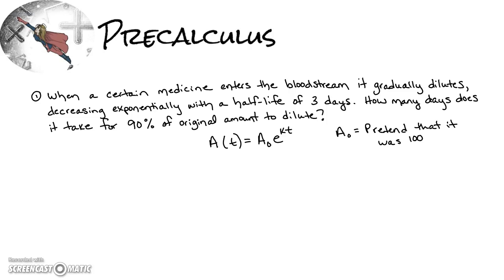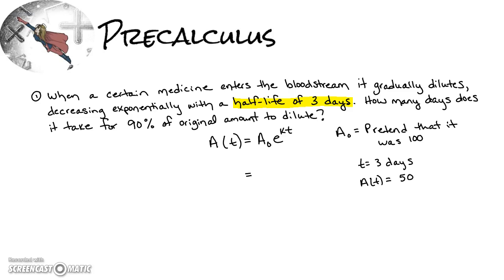And that will help us going forward. So if they're saying that the half-life is 3 days, that would mean that when time is 3 days, the future amount would be 50, because we're pretending that the initial amount is 100.